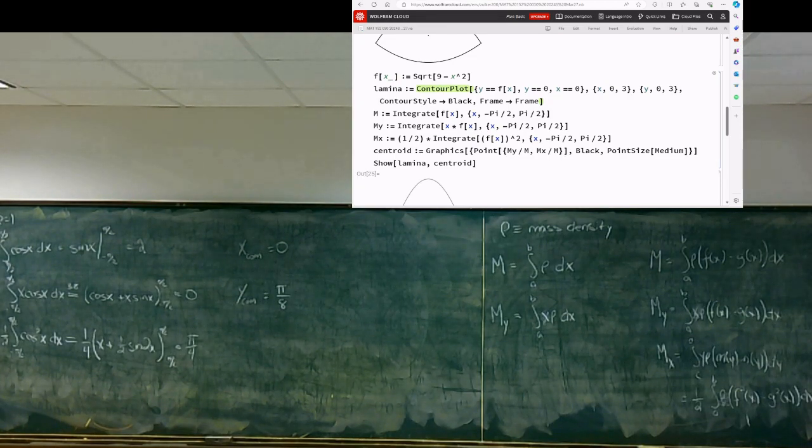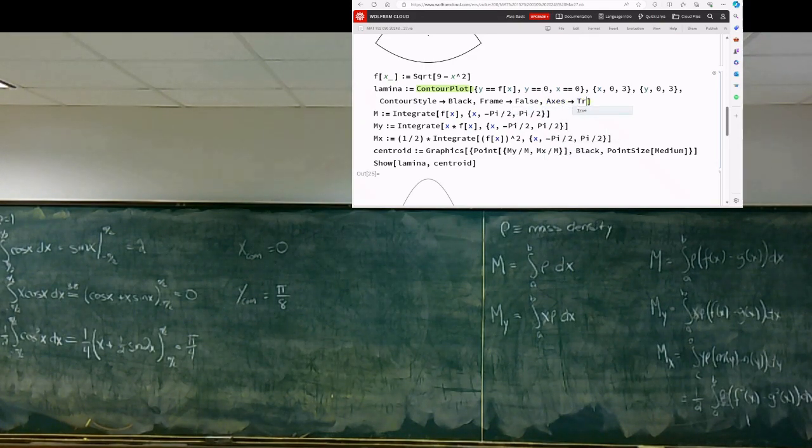So again, we're going to have an issue with this because it's not going to show the axes. What I could do is, why did I do frame false?